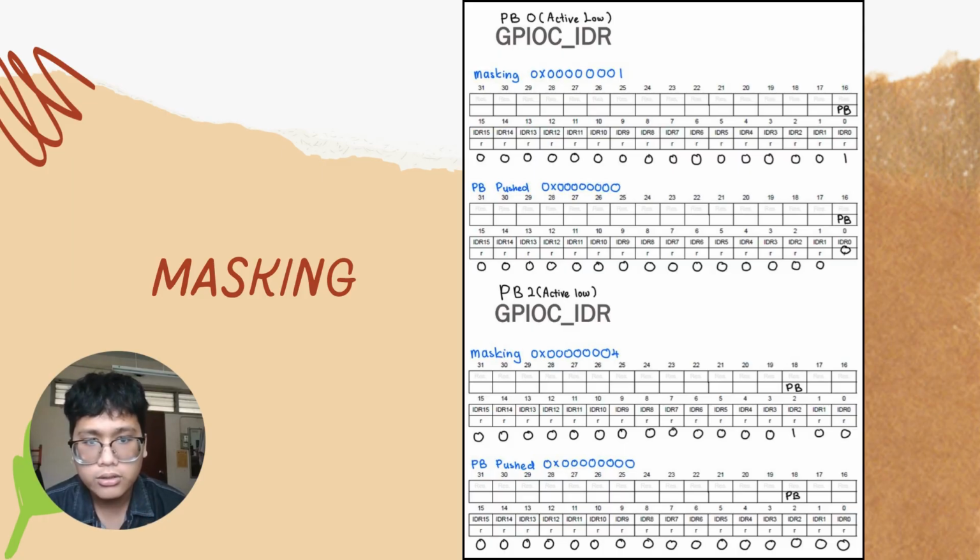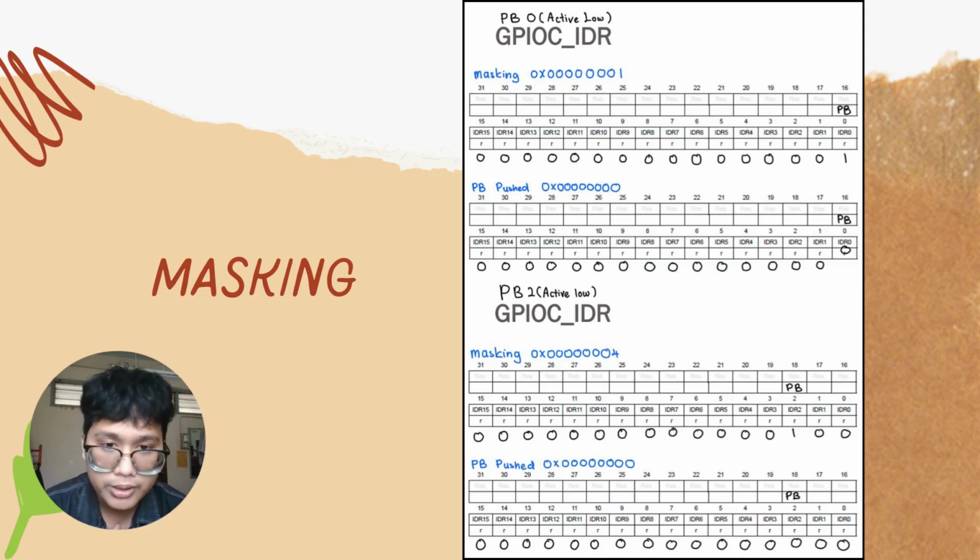Why is the other column not 1? Because of masking. We're already masking for port B0, so the only number that changes is for the port that we are masking for. The other ports will be 0, 0, 0, 0. So for PB0, when it is pushed, it is 0, 0, 0, 0, 0, 0, 0, 0.